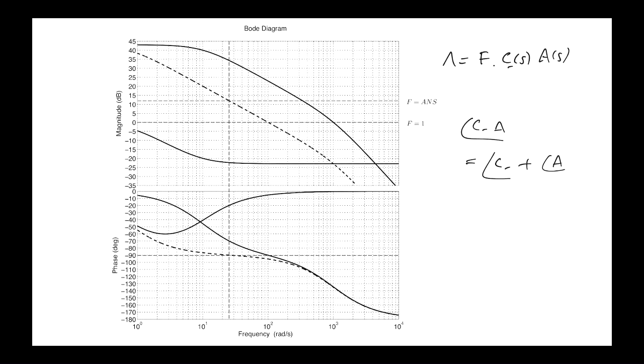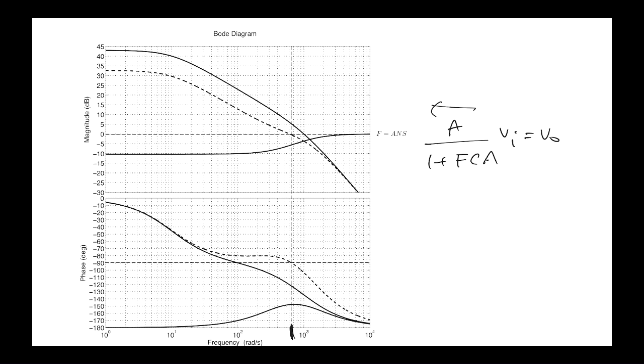Whereas with the lag compensator, you end up with the bandwidth down here, maybe nearly an order of magnitude lower. So you're not going to be able to put as high frequency input signals in without getting distortion at the output. So you wouldn't really use a lag compensator here.